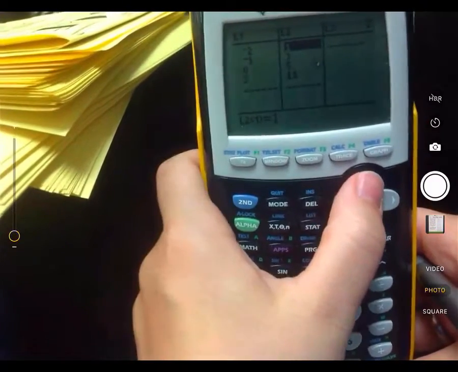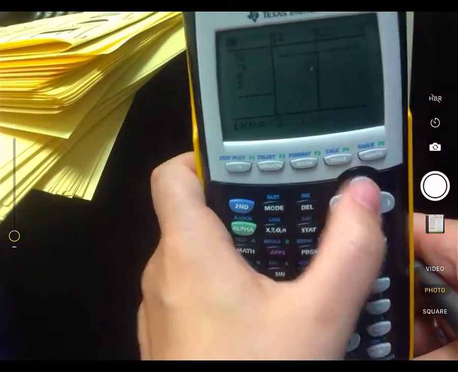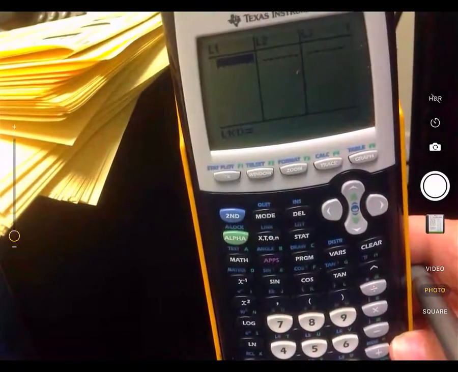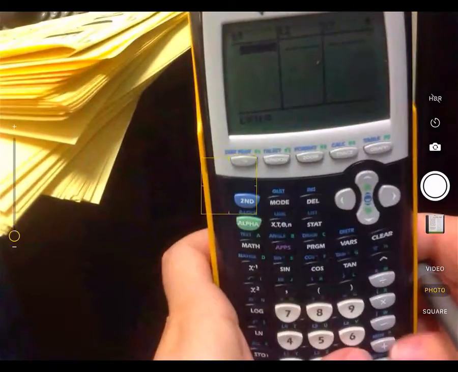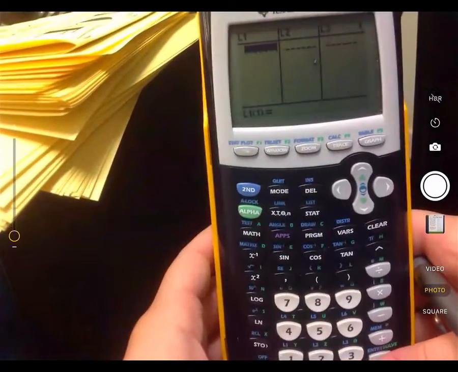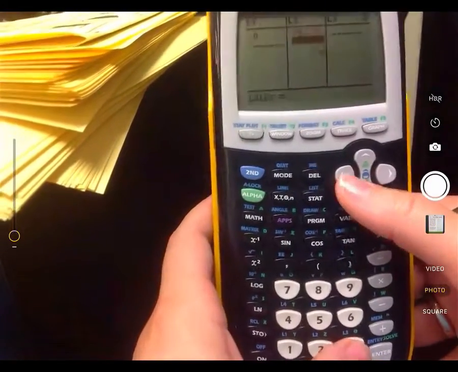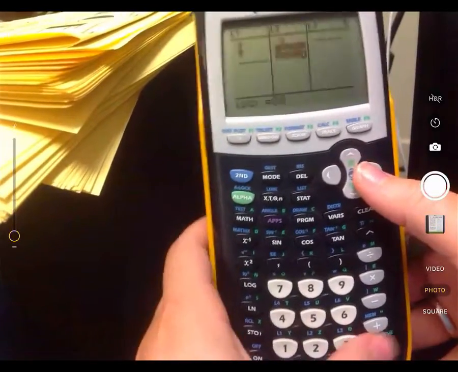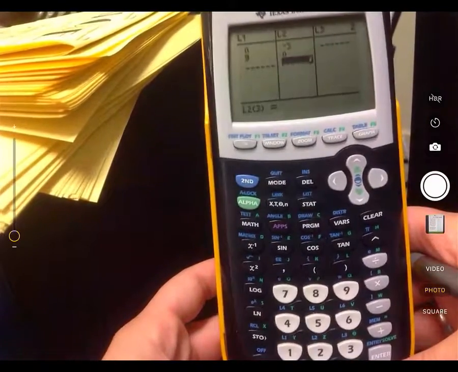Now, because this list is more than I need, I'm going to go ahead and clear this out. So remember, we go up to the list is highlighted, press clear, and go back down. We do not hit the delete button. The delete button deletes the list. We just need to clear it. So we have the point 0, -3, and 9, 0. So my y-intercept of -3, my x-intercept of 9.